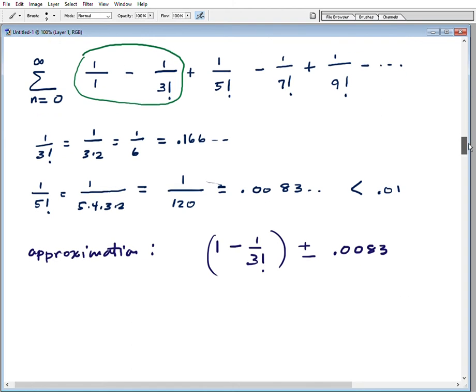That's 1 minus 1 over 3 factorial, so 1 minus 0.166. So our approximation is 0.833 plus or minus the error.